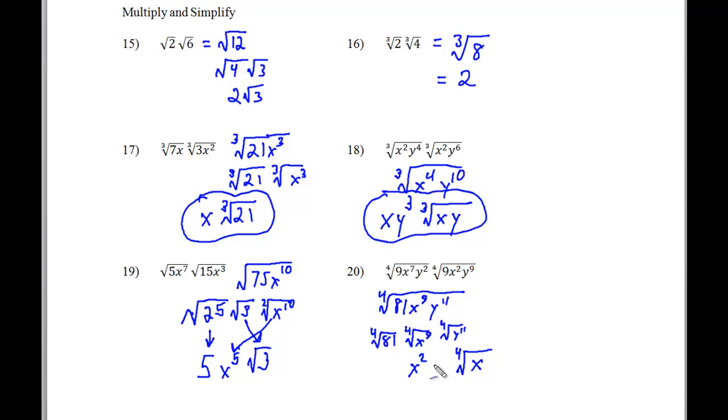So 8 divided by 4 gives me 2, and that also leaves me with 3 left here, because 8 and 11 is 3 away, so that gives me y cubed. And the only last part of the problem I didn't process is this fourth root of 81, which gives me a positive 3.